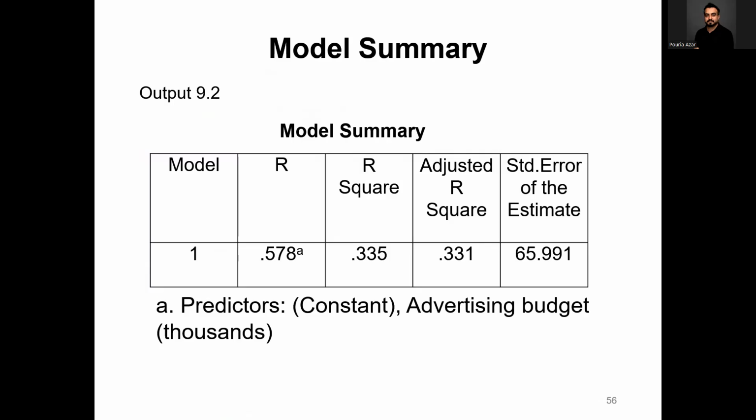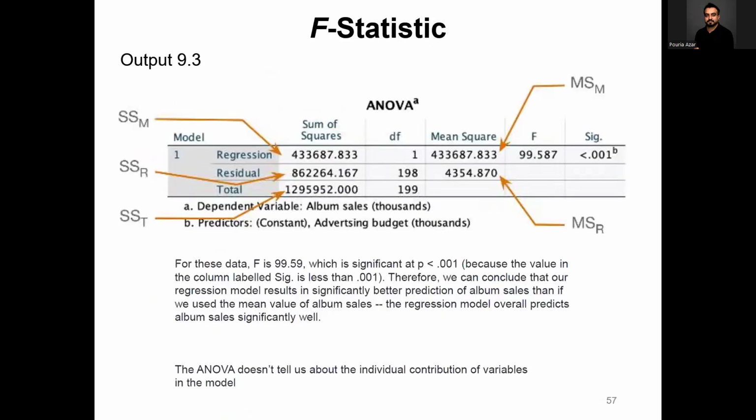So this is one of the tables SPSS will provide when we are running regression analysis. This table shows the model summary. It provides R square and adjusted R square. This is the F statistic.